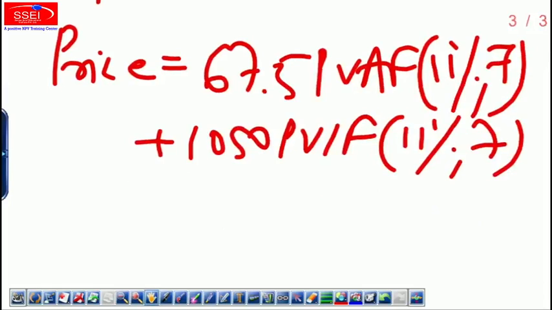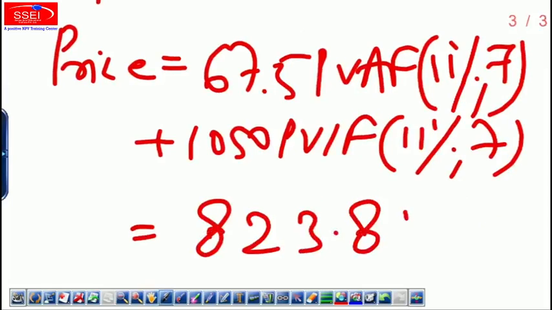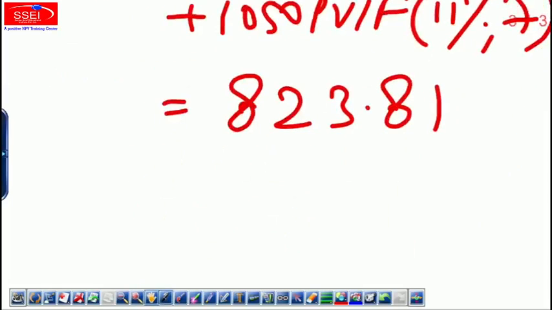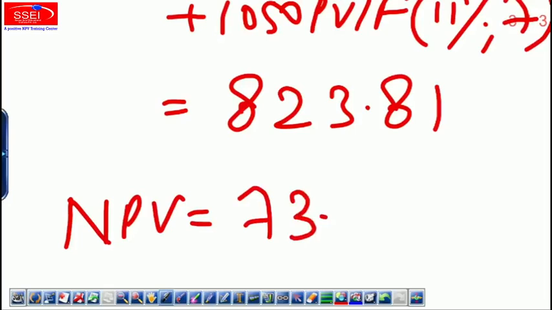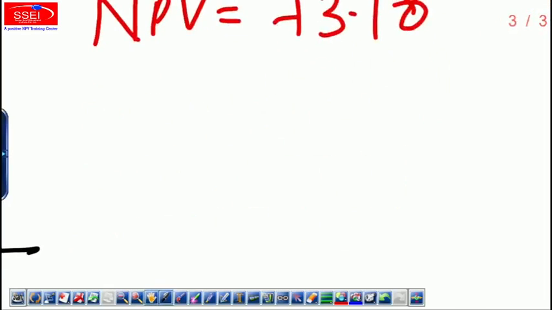The lower price is 823.81. But the price that is actually there is 897. So what is the NPV? It's 823.81 minus 897, which is minus 73.18. I hope I am doing the calculation right.